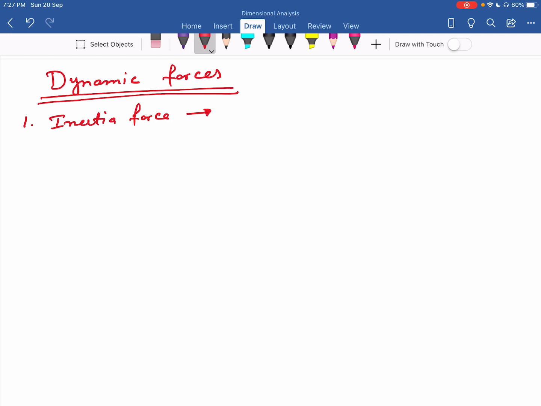This force is due to motion of the fluid particles. It is represented by Fi and is equal to mass into acceleration.